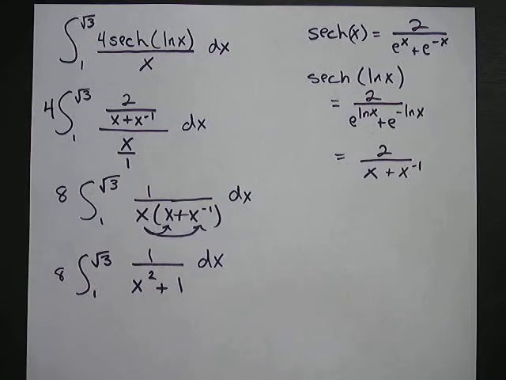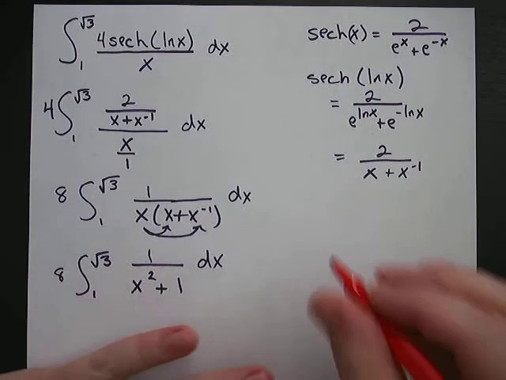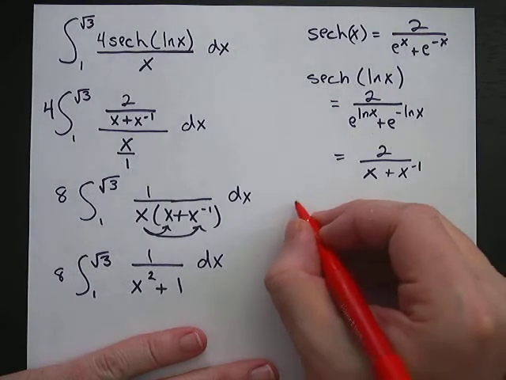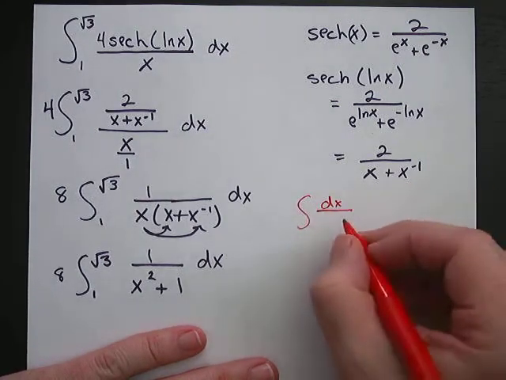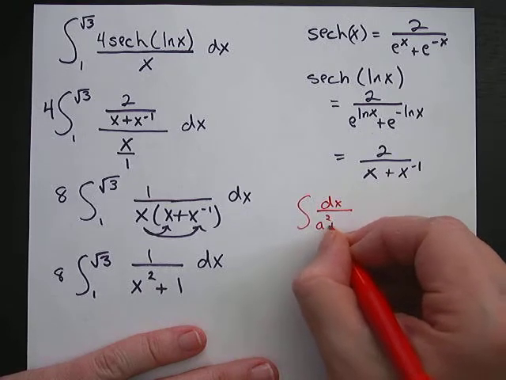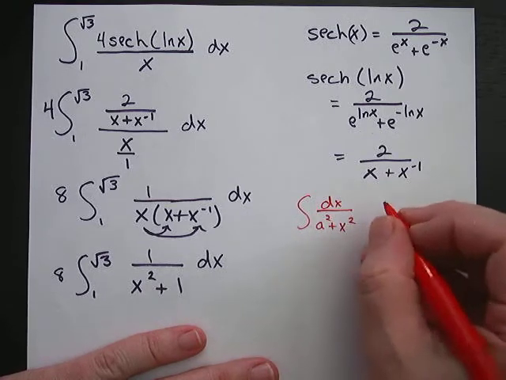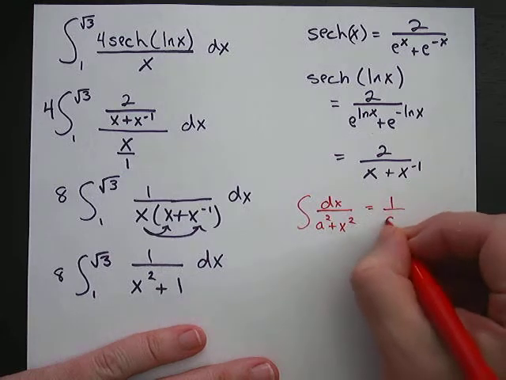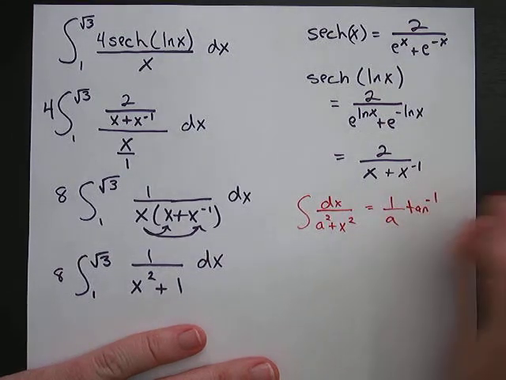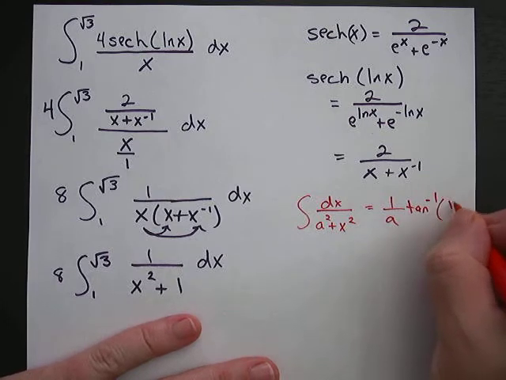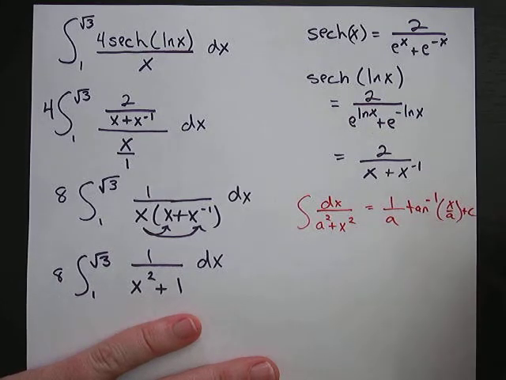Now we're going to use the integral formula. I'm going to write it down over here. The integral of dx over a squared plus x squared is equal to 1 over a times inverse tangent of x over a, plus c.